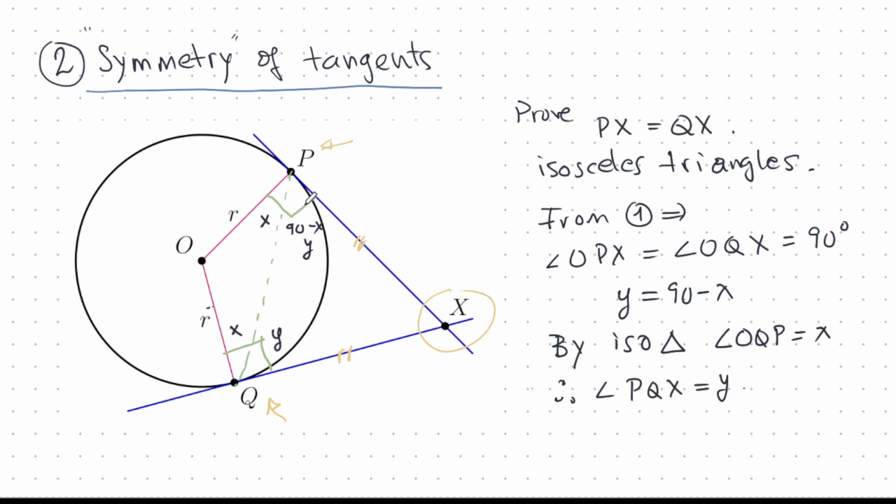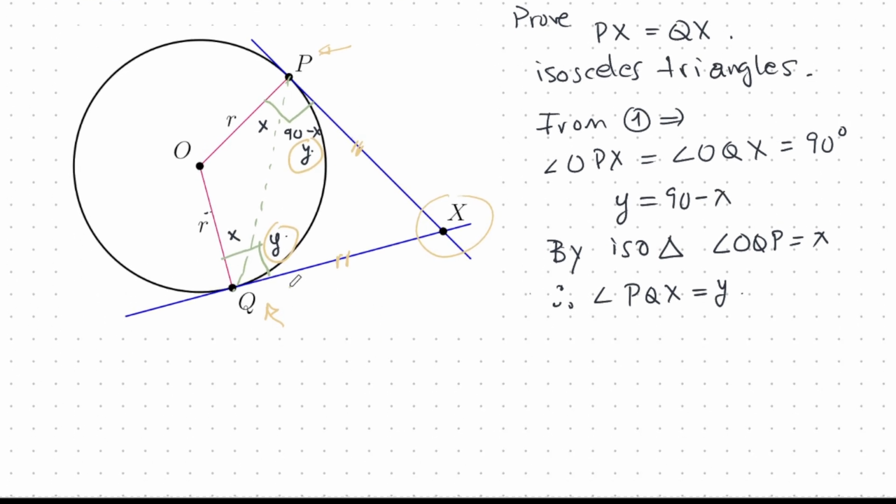So I have here also equal angles X and Y like that. Now, if you'll notice, I have a Y here and a Y here. Well, we can use the isosceles triangle theorem again. What do we have here?